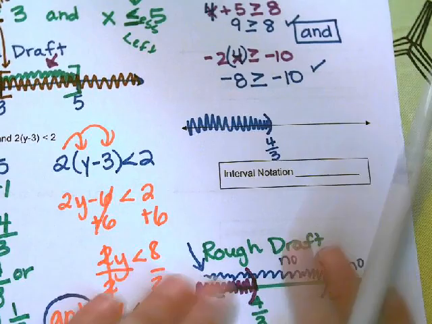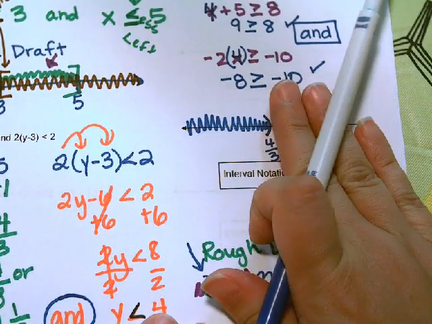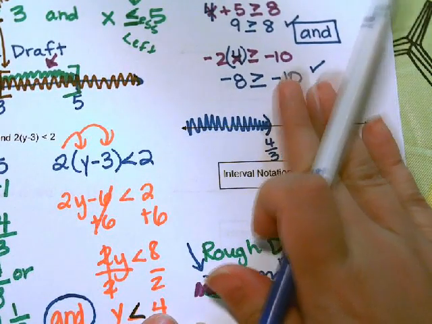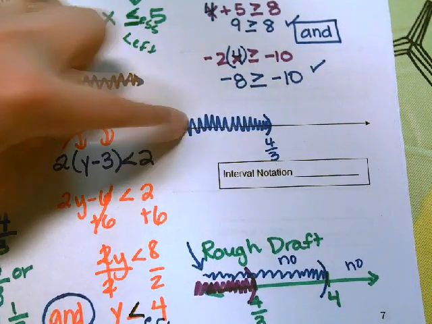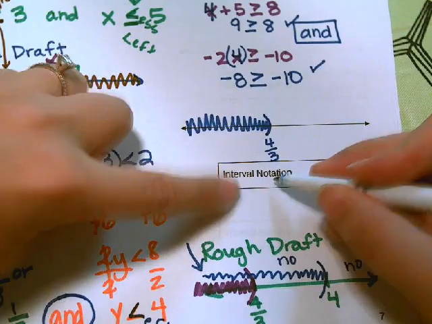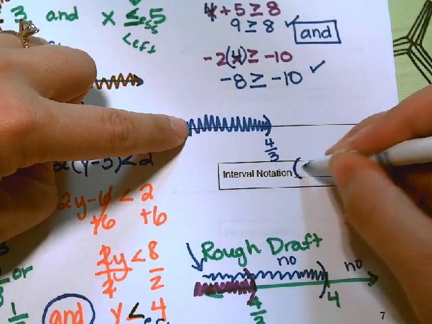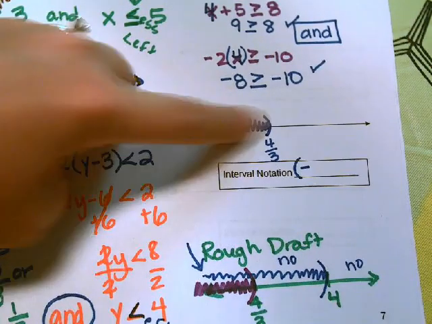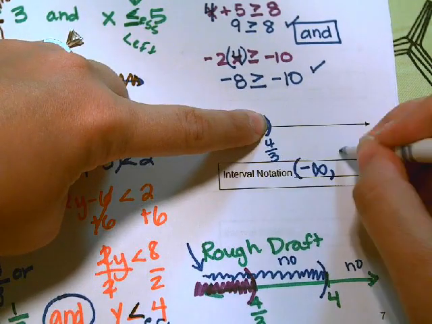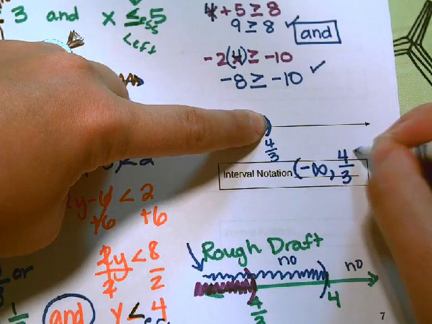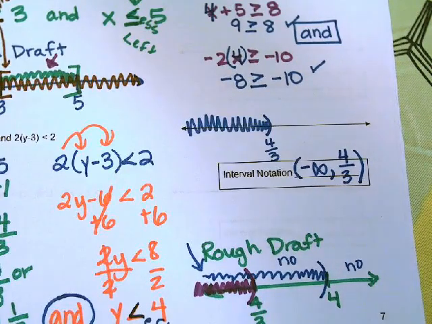So we are omitting this from our final draft, or our final copy of our graph. So from the left to the right, that's how we do interval notation. So it's going to the negative side infinitely, comma, and then it stops right here at 4/3. So that means it could be anything less than 4/3.